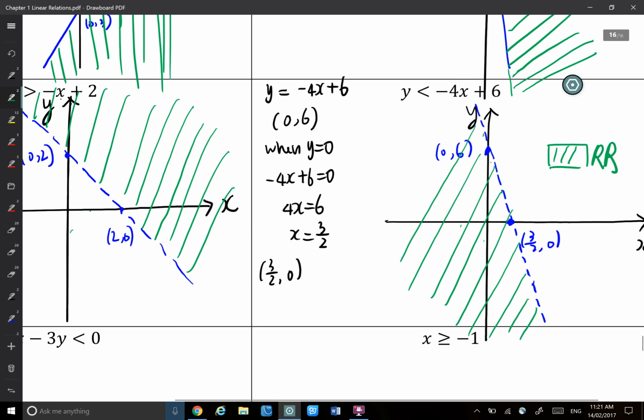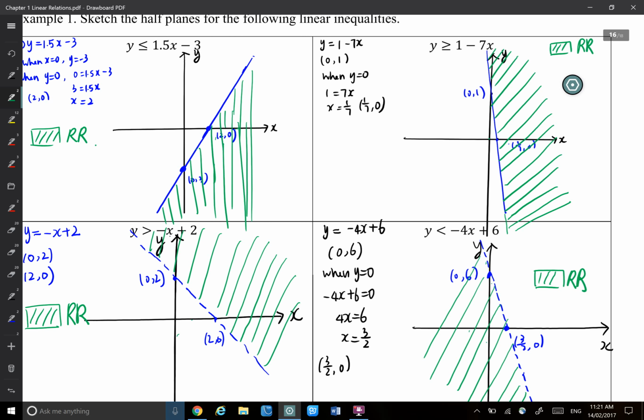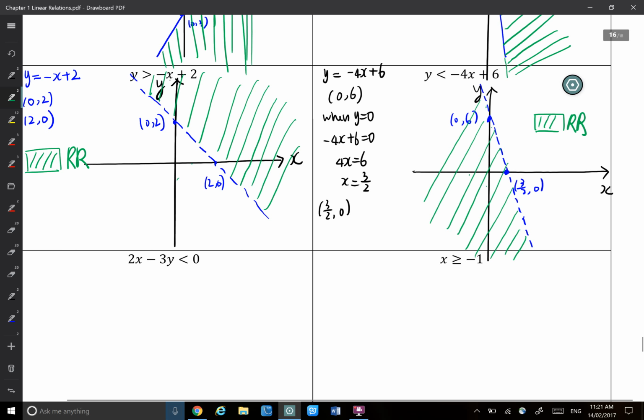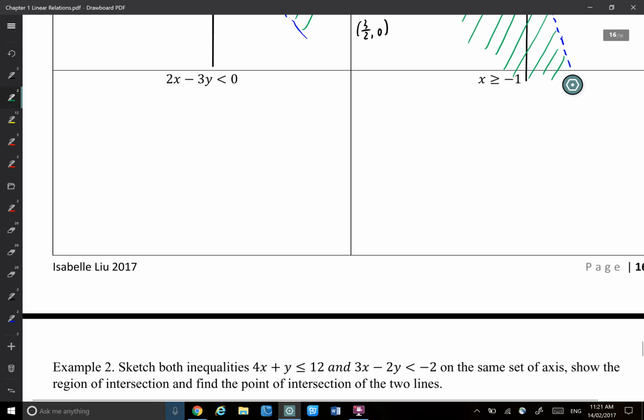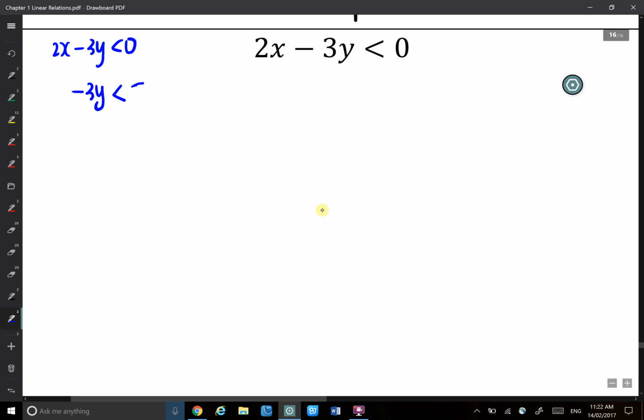So those 4 questions are the regular type. For this one, we don't have y equals to or y smaller than. We have 2x minus 3y smaller than 0. What I will do first is rearrange the equation. So minus 3y should be smaller than minus 2x.